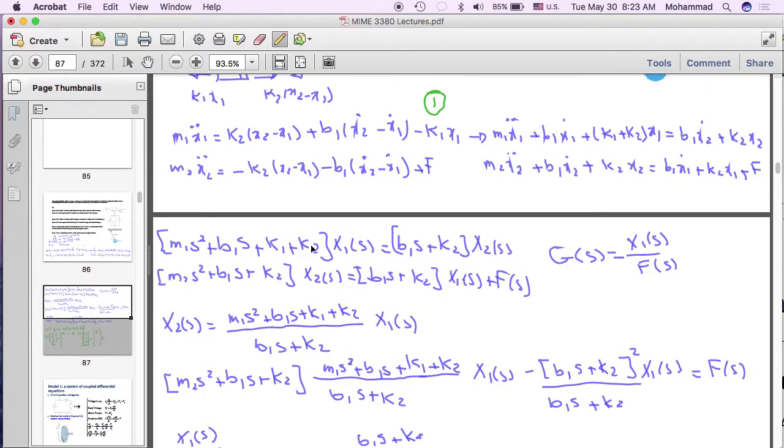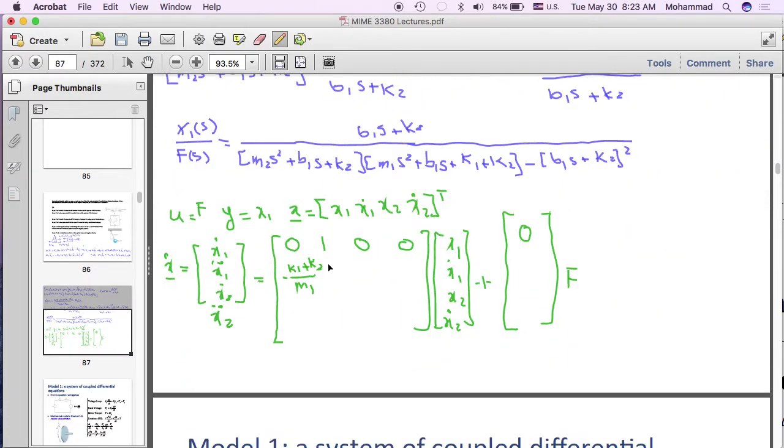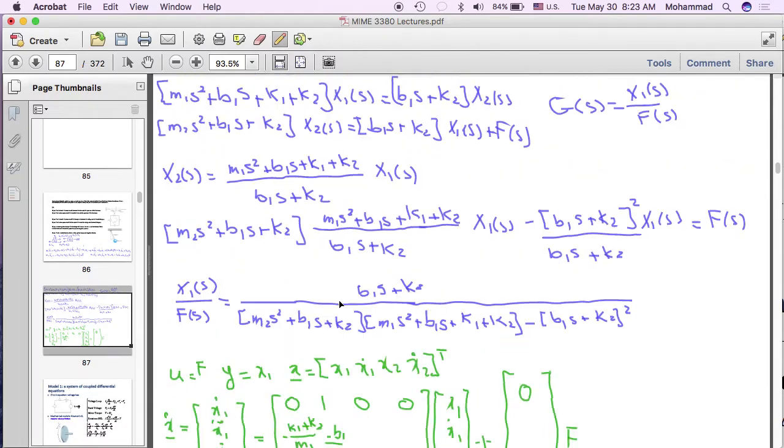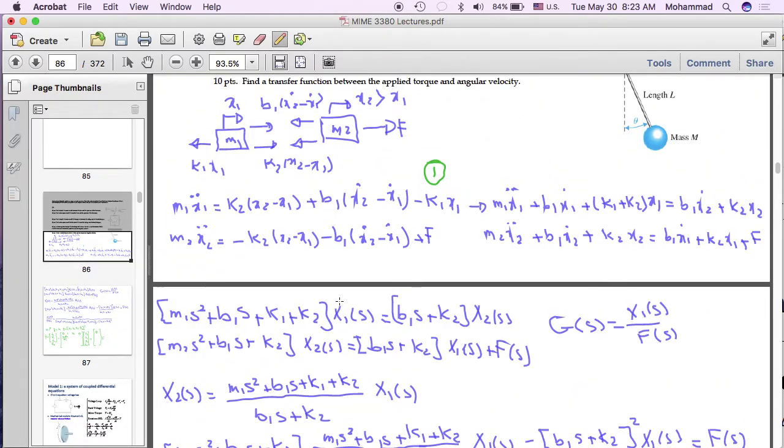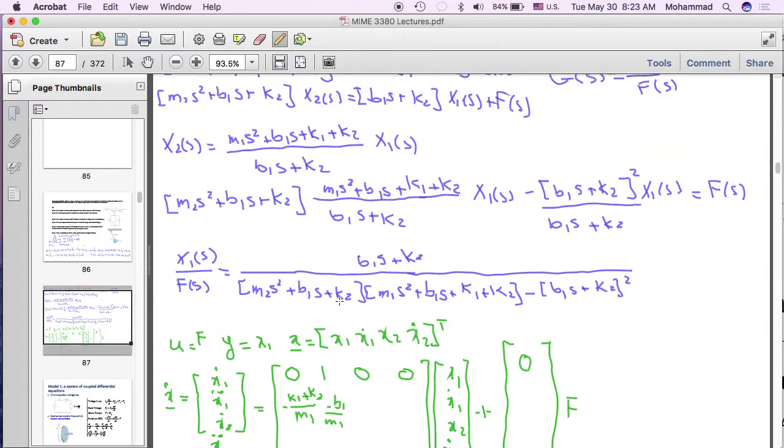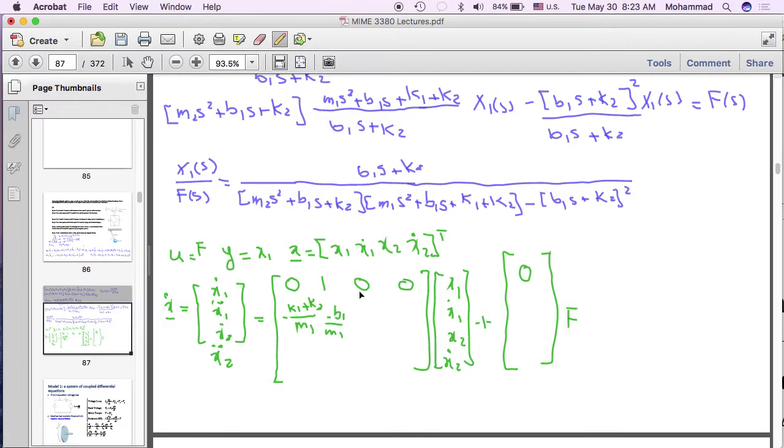Going back to the equation, the next element in the x vector is x1 dot. What is multiplied by x1 dot? It's negative b1 over m1. So we go back here and write negative b1 over m1. Again, go back up. What is multiplied by x2 in that equation? Seems like it's only k2 that is multiplied by x2, so it's going to be k2 divided by m1.